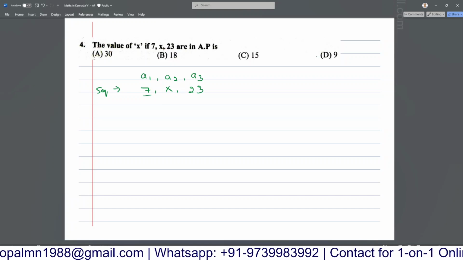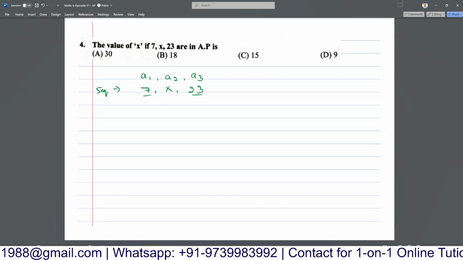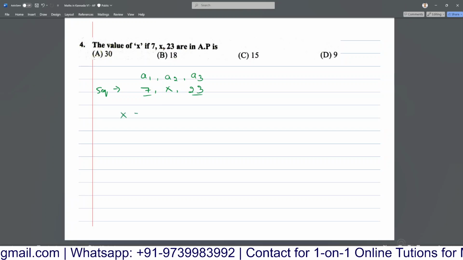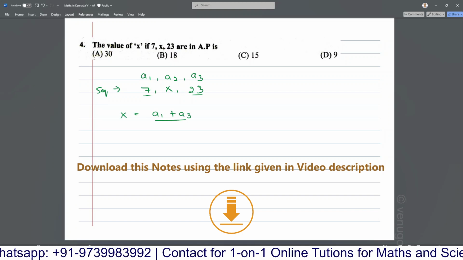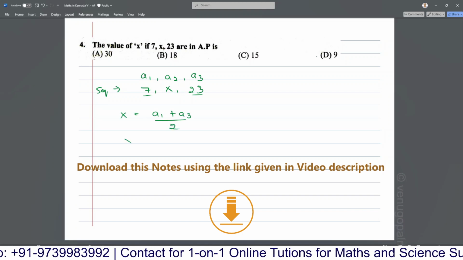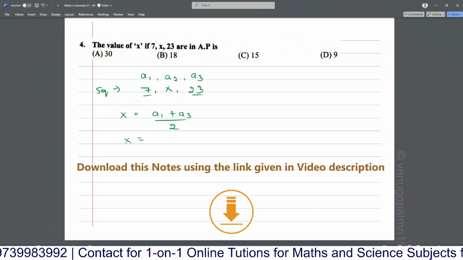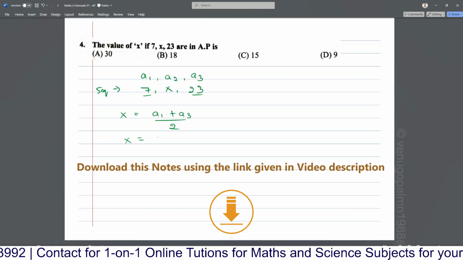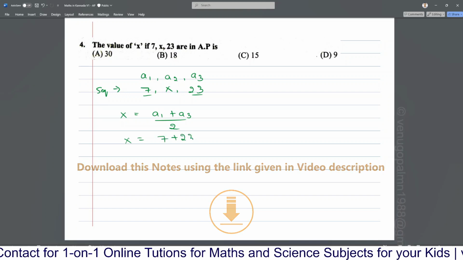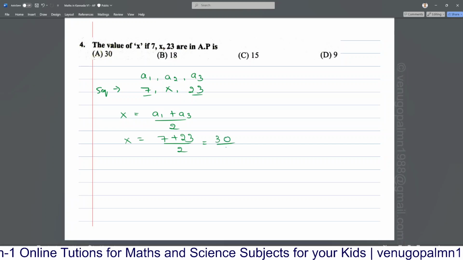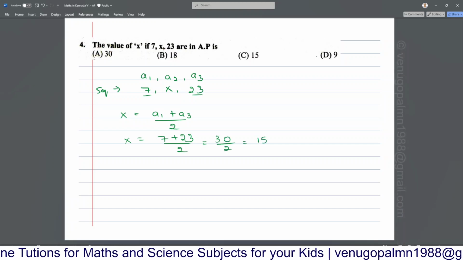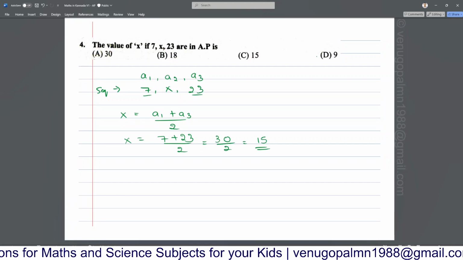If you know the first term and last term, how to find out the arithmetic mean? x is equal to a1 plus a3 divided by 2. x is equal to 7 plus 23 divided by 2, which is equal to 30 divided by 2, which is 15. Got it, guys? Very simple sum.